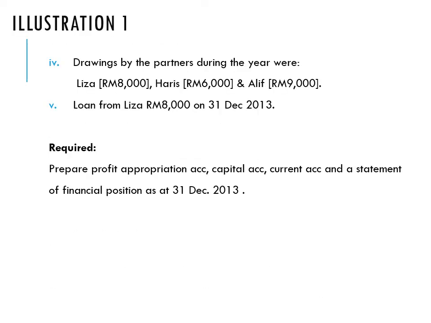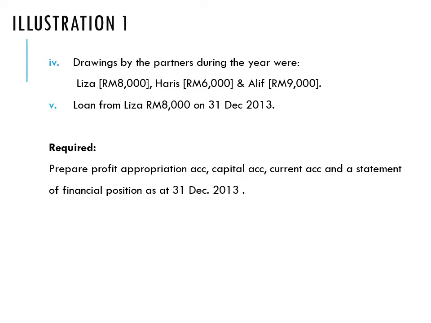Drawings by the partners during the year were Lisa 8,000, Haris 6,000, Alif 9,000, and the loan from Lisa is 8,000 on 31st December 2013. You are asked to prepare the profit appropriation account, capital accounts, current accounts, and a statement of financial position as at 31st December 2013.